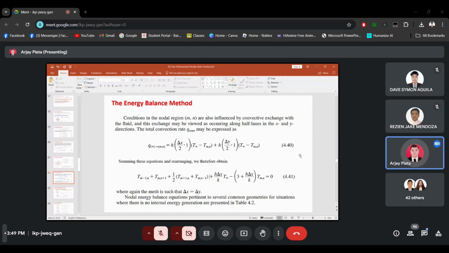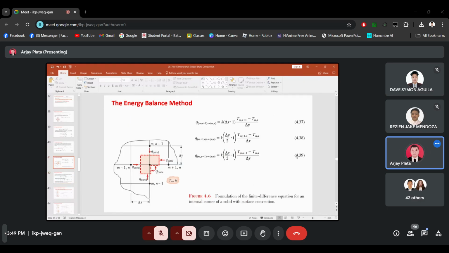The formula for convection is H times A, area, times delta T. So we have two H here. I mean, we have two heat transfer convection here. So convection for the x-axis and convection for the y-axis.